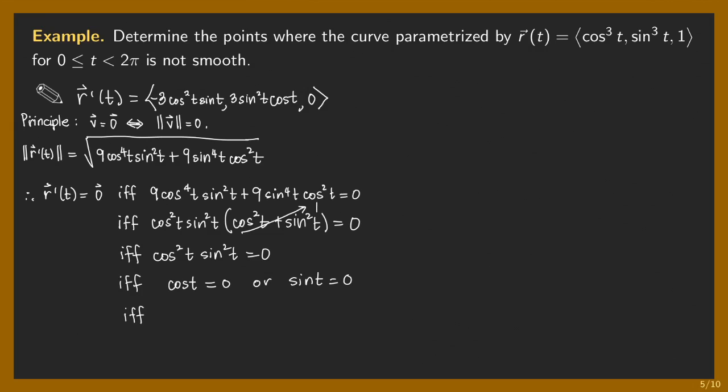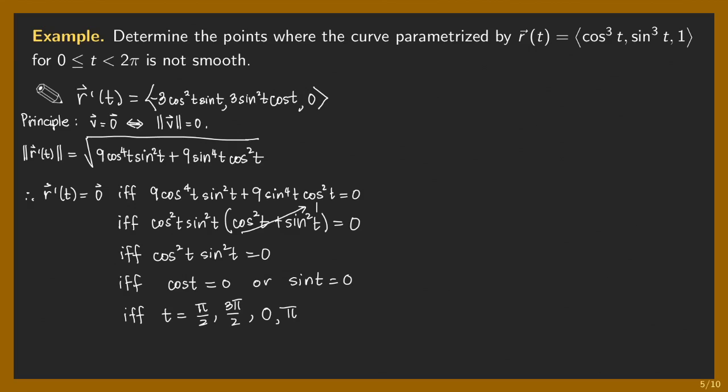But from 0 to 2 pi, not included, as you can tell. What are the values of t for which cosine is 0? We can say t is pi over 2. What else? 3 pi over 2. For sine to be 0, t has to be 0 and pi. 2 pi not included.